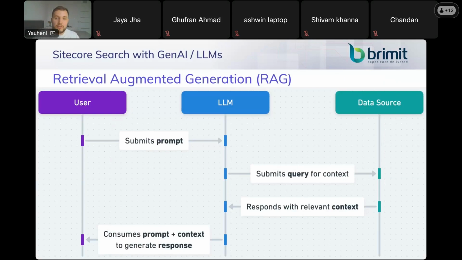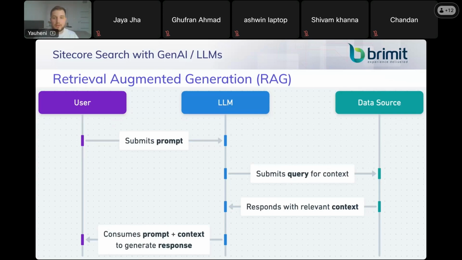For this task, we need to implement retrieval augmented generation, or RAG architecture. It is the process of optimizing the output of a large language model, so it references a knowledge base outside of its training data source before generating a response.